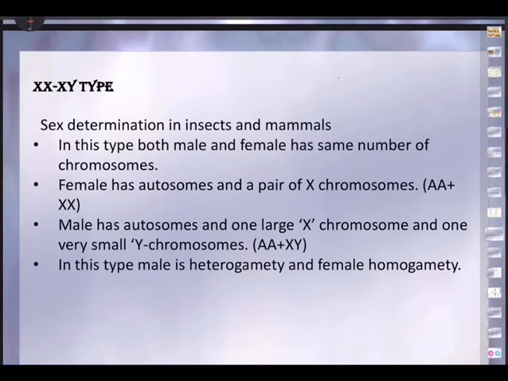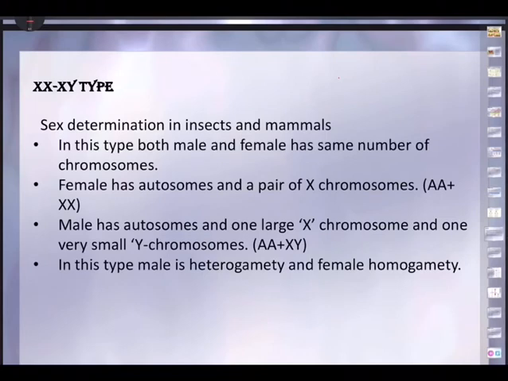So when the combination takes place, when a sperm having 22 plus X meets the egg 22 plus X, the resultant zygote will be 44 plus XX, that will become female. Whereas when a sperm having 22 plus Y meets the egg having 22 plus X, it is 44 plus XY.